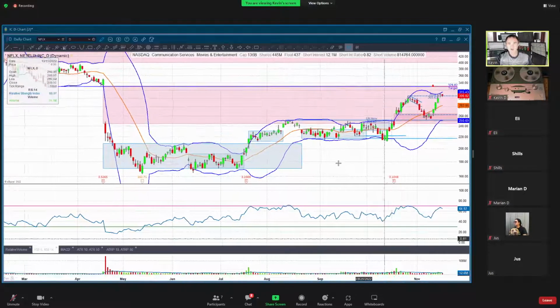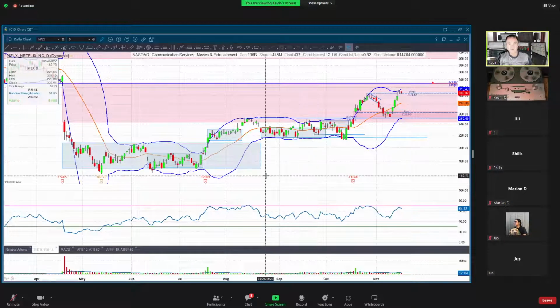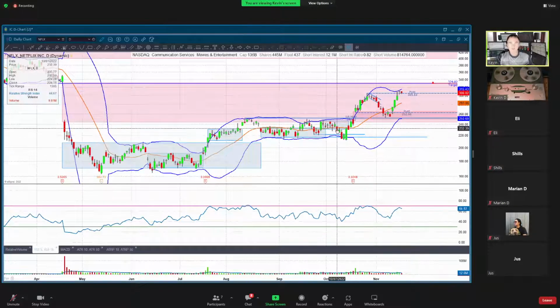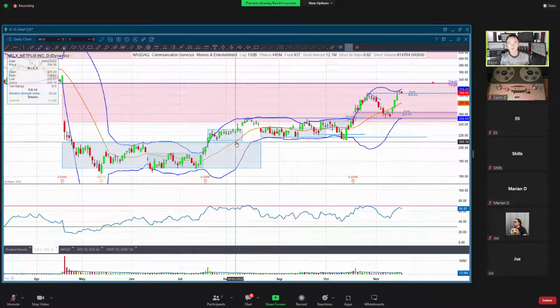I don't think Netflix is going to, unless it does it tomorrow. If Netflix were to gap up tomorrow and get outside the band, then it may fulfill most of the requirements. But again, there's going to be a requirement missing on this.